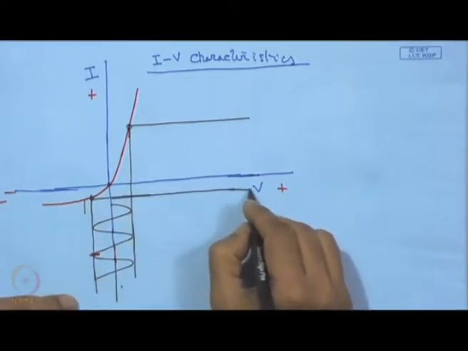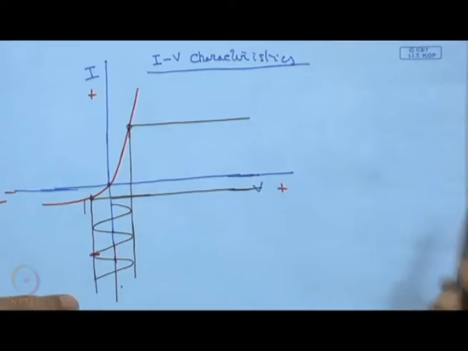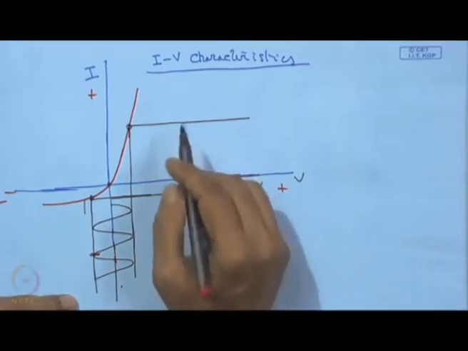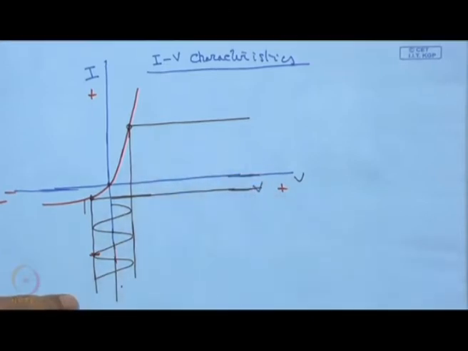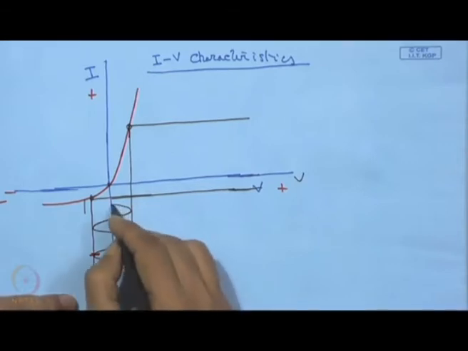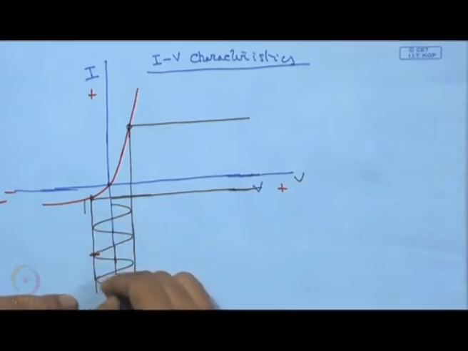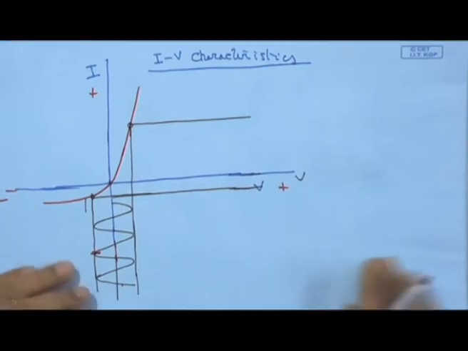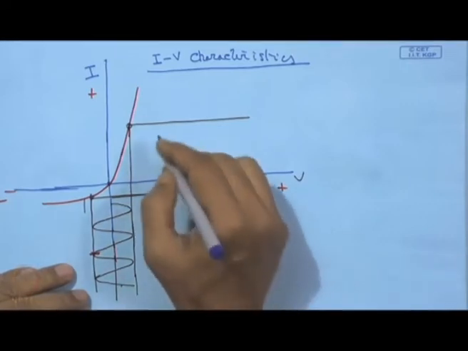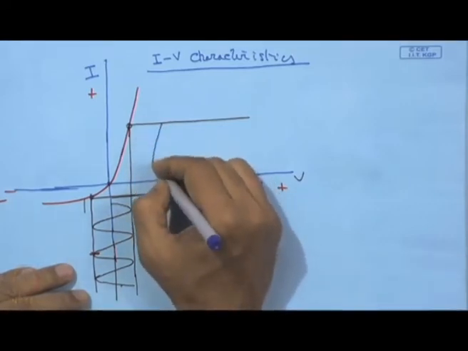What is the significance of these two borders? These two borders are nothing but the two peak values, one is the positive peak, another is the negative peak. So here this is the input, and we get this cathode current as the output, and it will follow this curve.